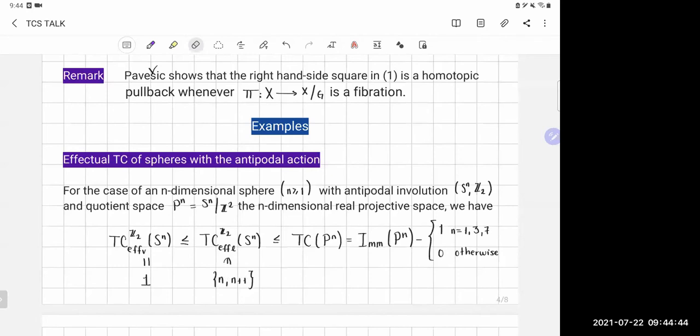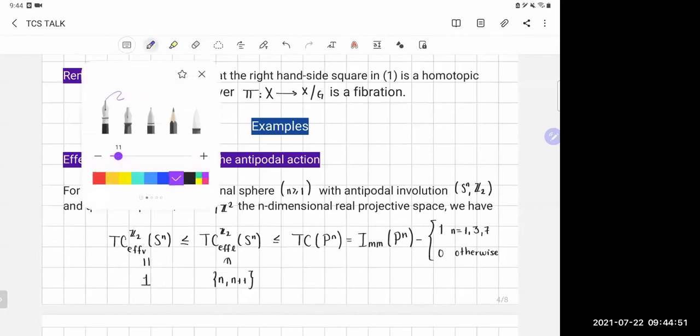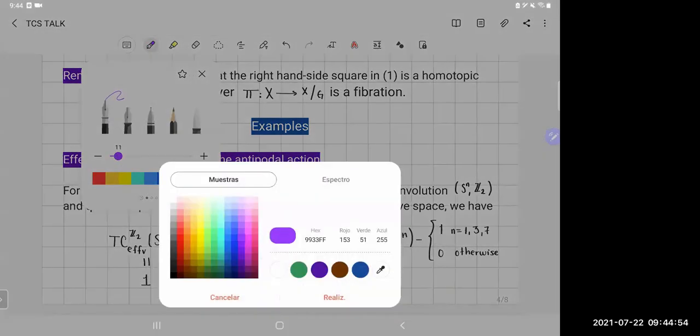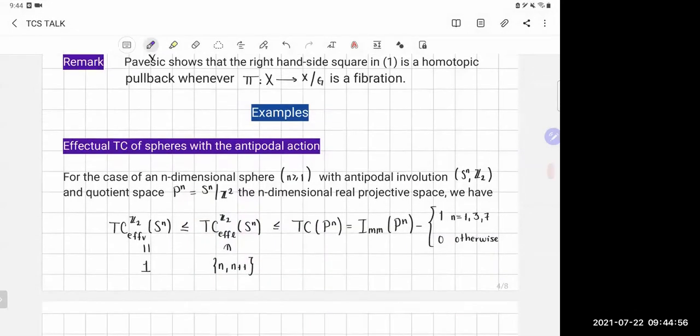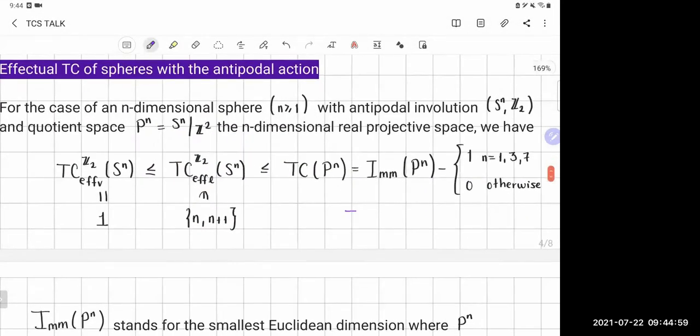Let me say some words here. Using a Pavesic result, we see that the effectual TC of the sphere is greater or equal than the Lusternik-Schnirelmann category of the projective space, which is n.